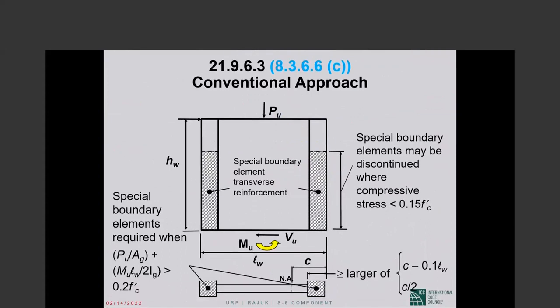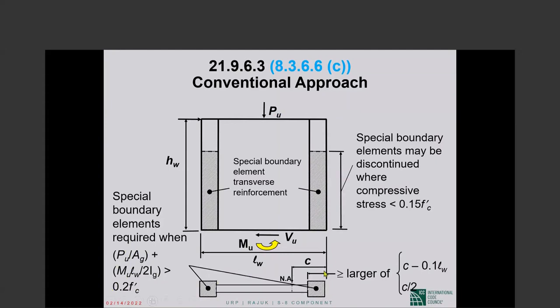So this is the summary of the conventional approach. If this trigger goes off, if the sum of the two exceeds 20% of F sub C prime, then we shall specially confine parts of our shear wall cross-section.